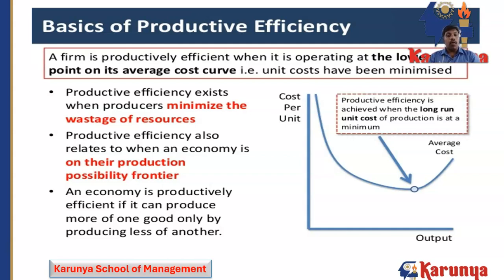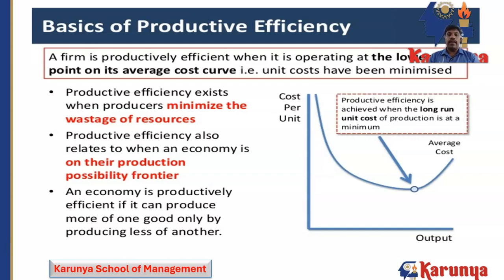Suppose only 20% of the employees give 80% of the profit. The remaining 80% of resources are not used properly, and that will be considered waste. Productive efficiency exists when producers minimize the wastage of resources.